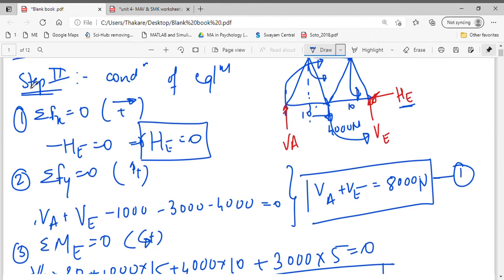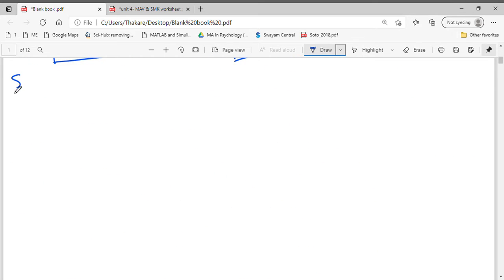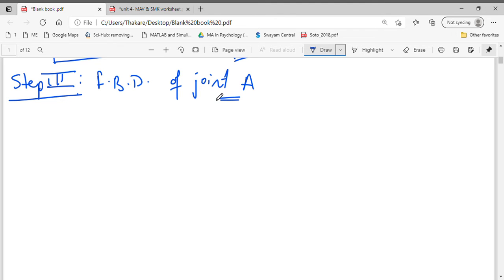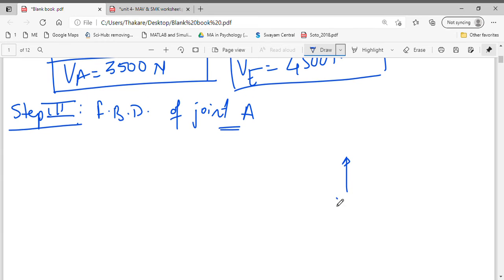This is our step 3. Consider the free body diagram of joint A. On joint A, there are 3 forces acting. One is your vertical reaction at A, which was 3500 Newton.